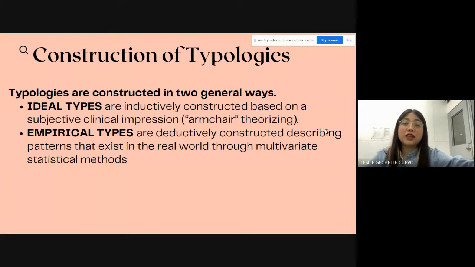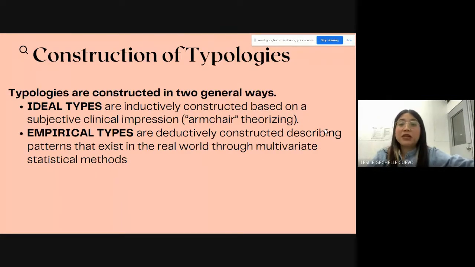Okay? Construction of typologies. Typologies are constructed in two general ways. Ideal types and empirical types. Ideal types are inductively constructed based on a subjective clinical impression. Pag sinabi natin subjective, this is your personal opinion. So armchair theorizing.